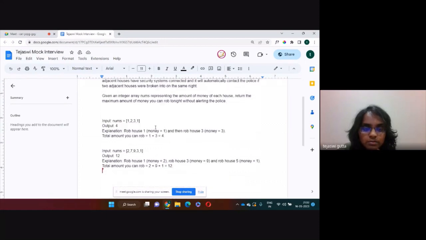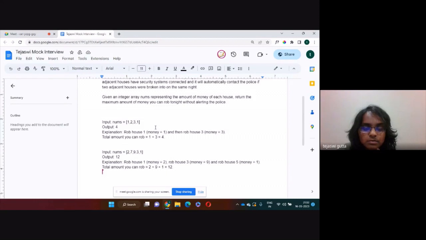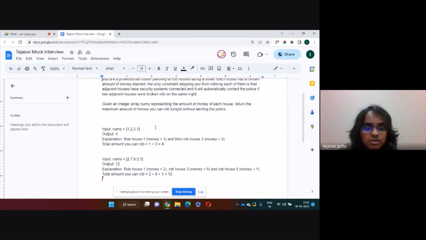So the question says that I cannot rob two adjacent houses because it would alert the police. Which means that I can only rob alternate houses.